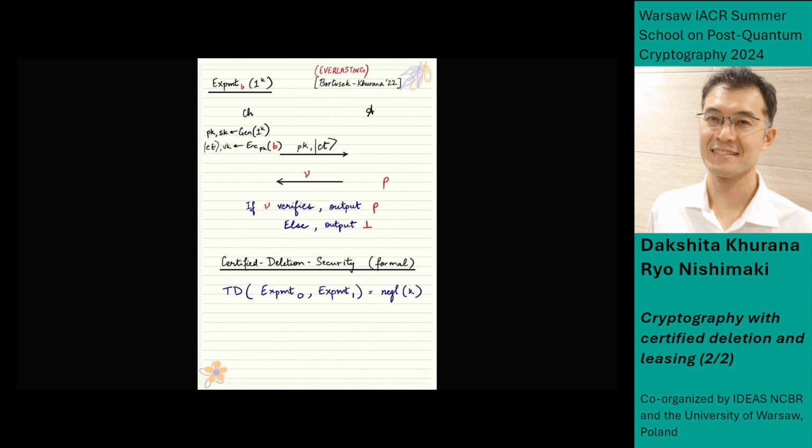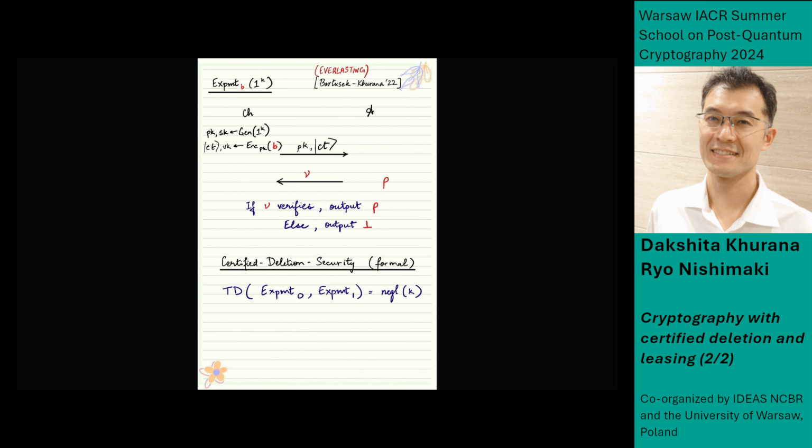At some point the adversary generates a candidate certificate D. If the challenger verifies that certificate D is valid under this verification key, then this experiment outputs the residual quantum state of the adversary, rho, as the output of this experiment. If this certificate is invalid, then we just output bot.